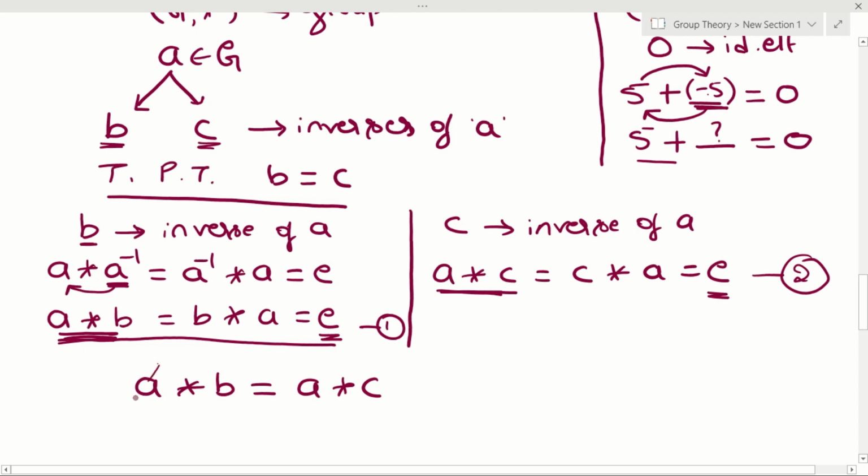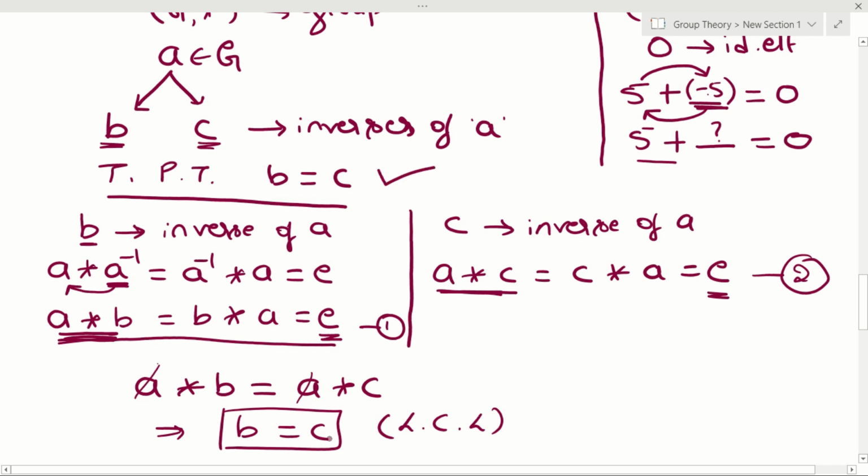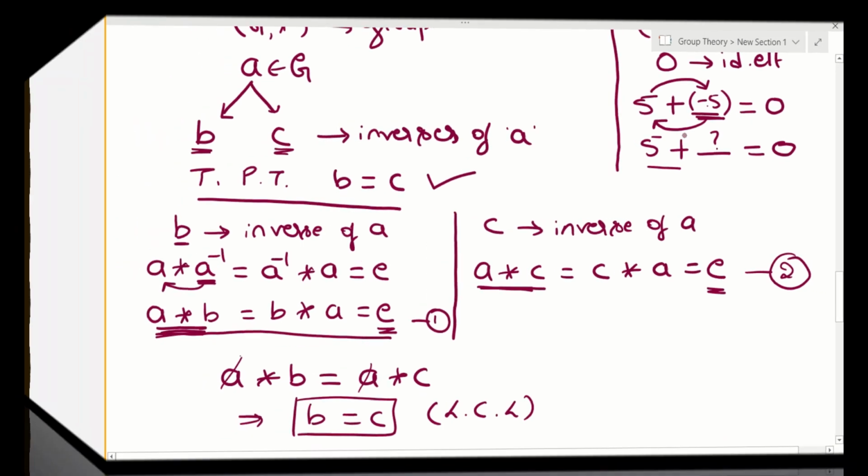So using left cancellation law, this implies B is equal to C. Therefore, we got this step using left cancellation law. So our aim was to prove B is equal to C. Therefore, I got B is equal to C. Therefore, the conclusion is that the inverse of an element is always unique.